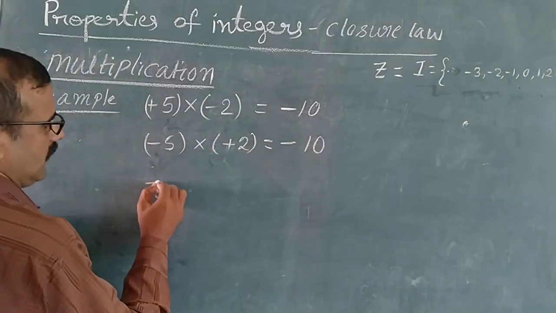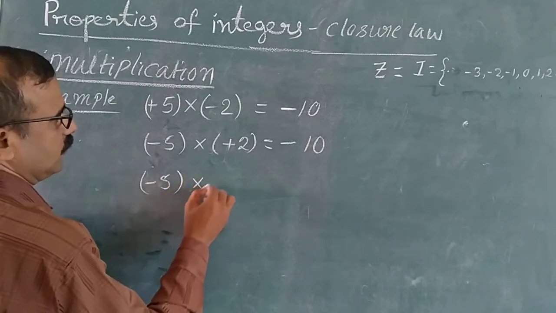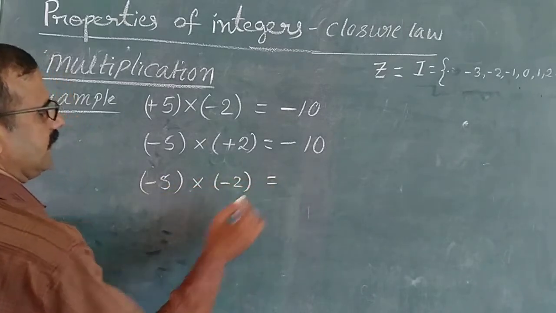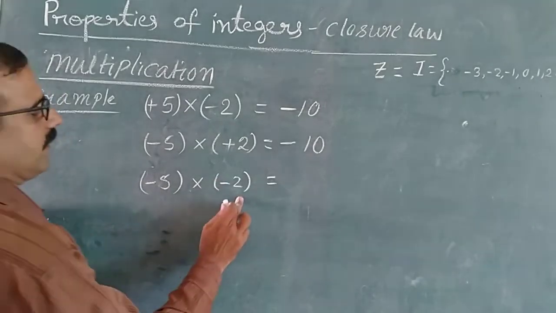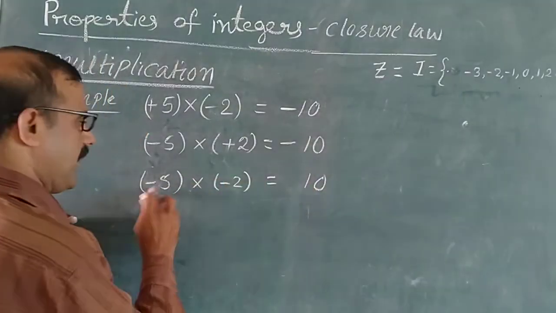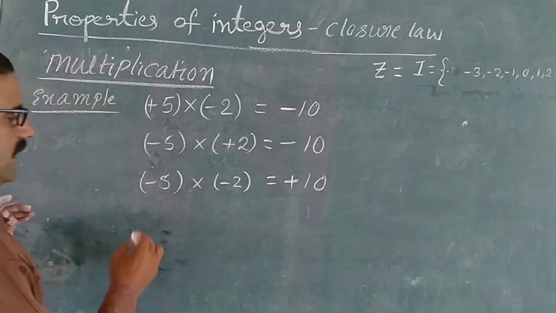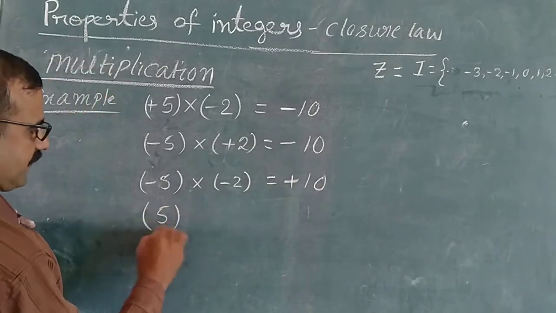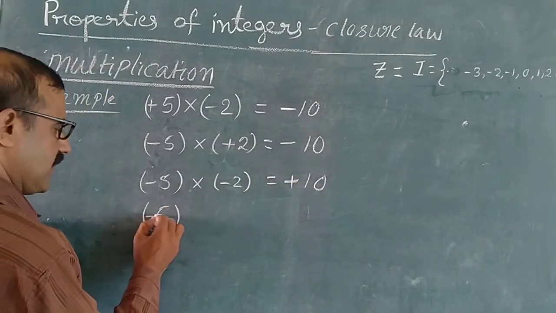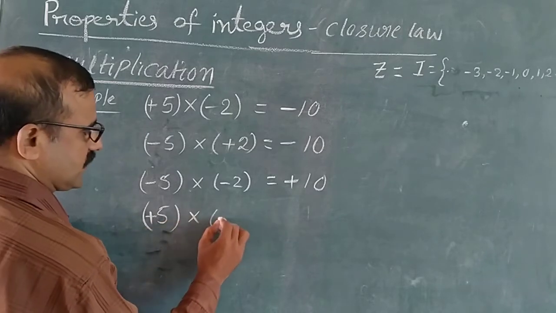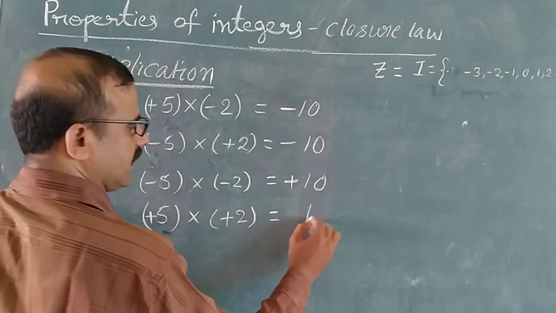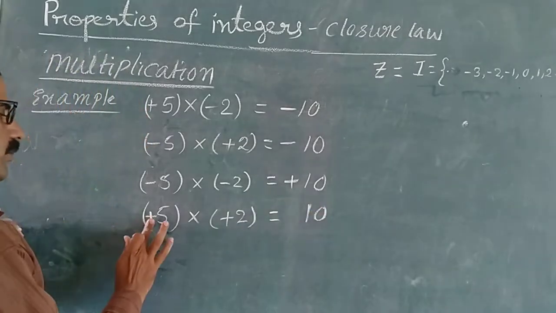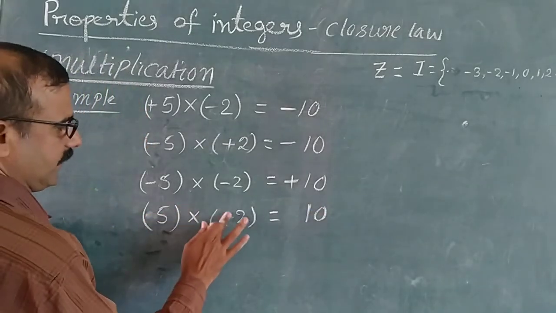Next example, minus 5 into minus 2. Minus 5 is an integer, minus 2 is also an integer. 5 twos are 10. Minus into minus, plus. Next, 5 means plus 5 into plus 2, that equals 10. No need to write plus, the meaning is plus only.